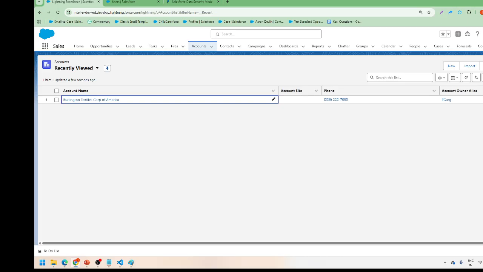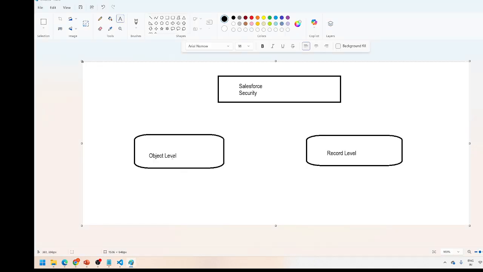I cannot see Darshan's accounts and Darshan cannot see mine. How can we do this in Salesforce? Yes, using record level security. Hope it is clear what object level security and record level security are.